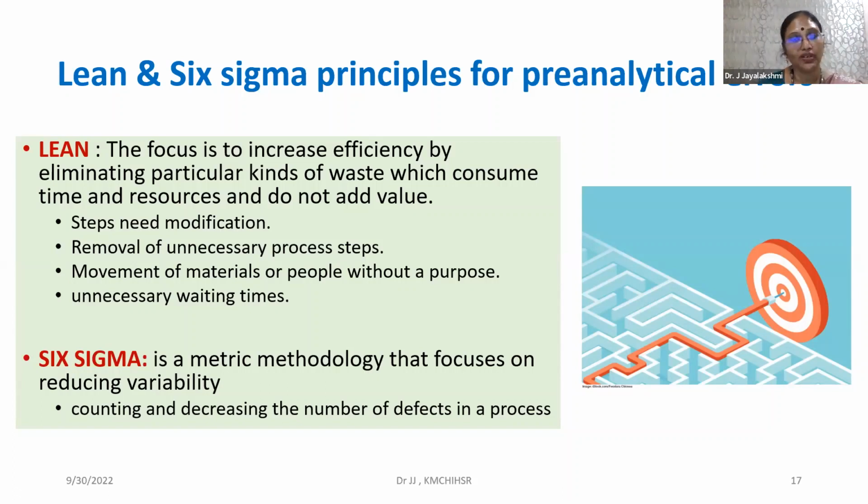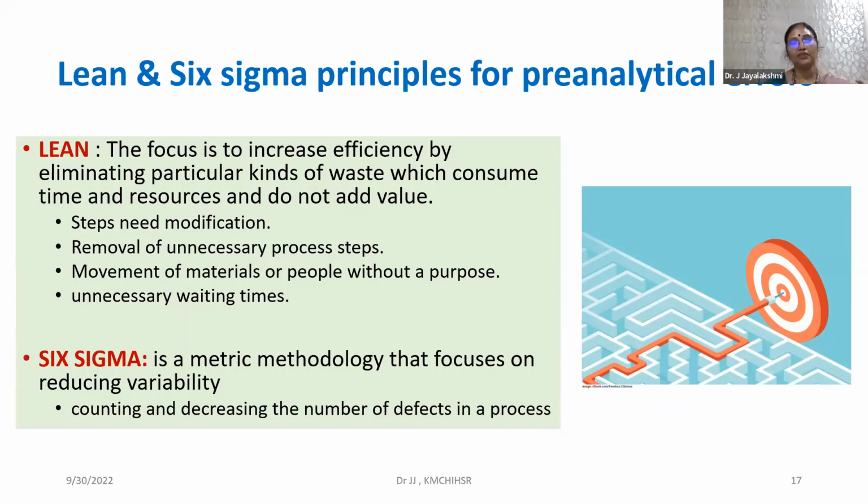What all can I put in place to make the system better? It may need modification, removal of unnecessary process steps, movement of material or people without a purpose. You don't have unnecessary waiting time. So all of these can be removed by having a very good Lean principle, which used to be used in certain car manufacturing units, and now it's applied in various healthcare activities.